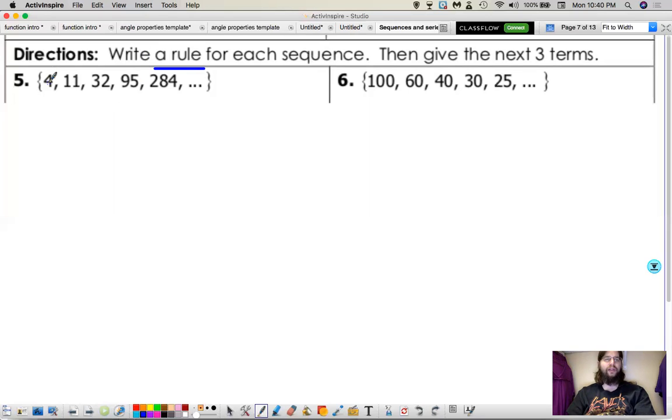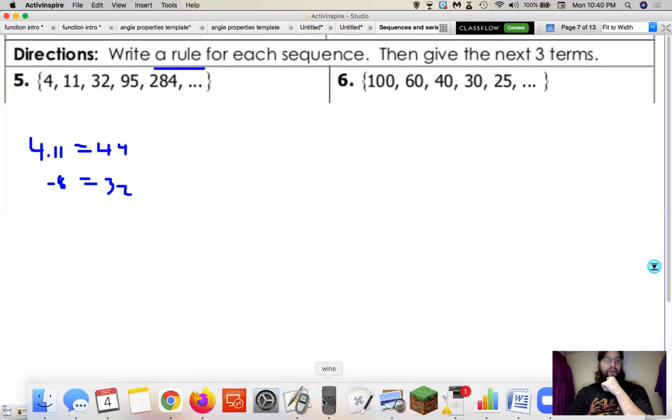How did I get from here and here to here? Top of my head, I haven't the slightest idea. Let's see. If I multiply that together, 4 times 11 is 44. To get to 32, I could subtract 8. Let's see if that works for the next one.